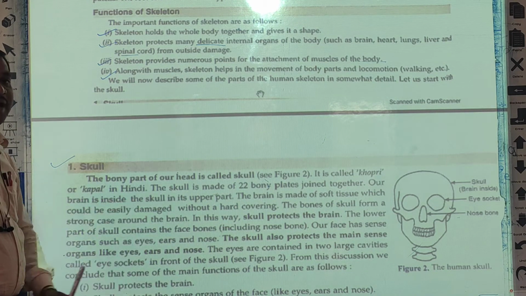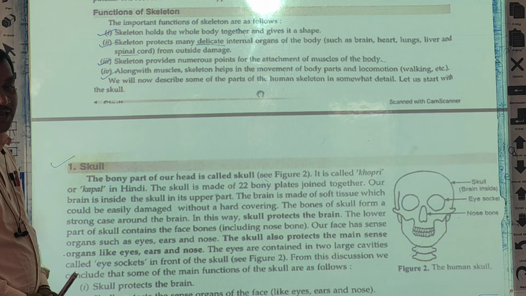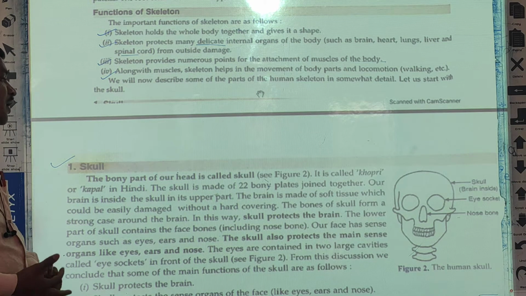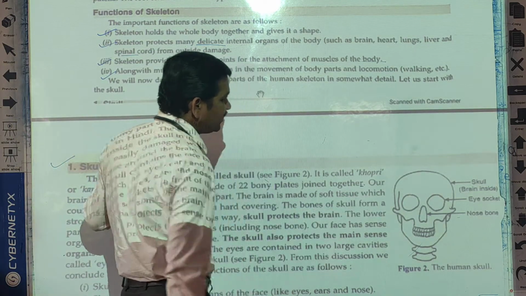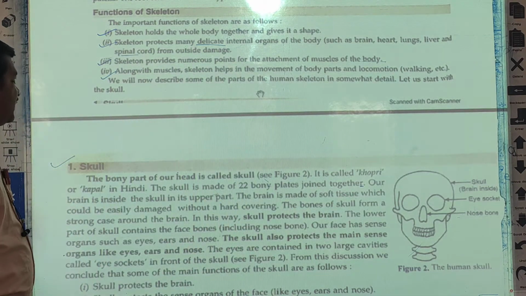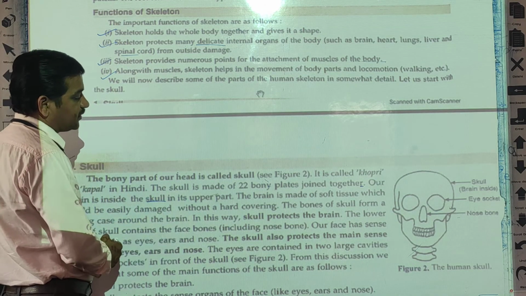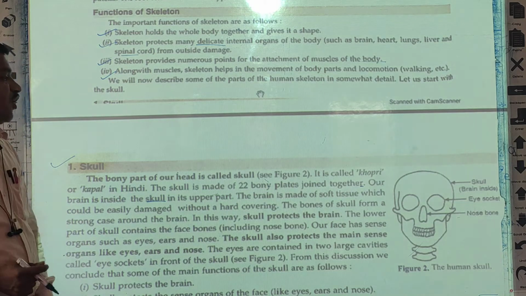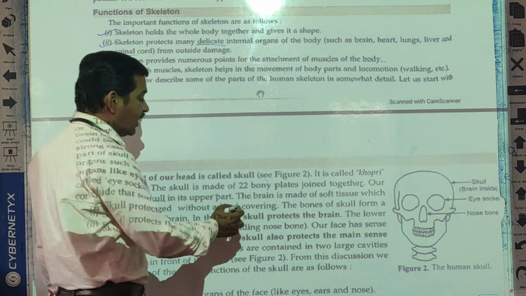The skull is made of 22 bones. Total how many bones are there? There are 22 bones, and they join together and form the skull. Our brain is inside, in the upper part of the skull. The brain is made of soft tissue which could be easily damaged without a hard covering.